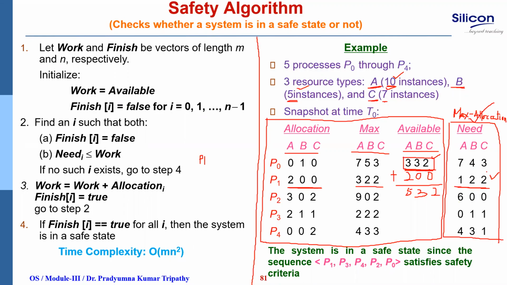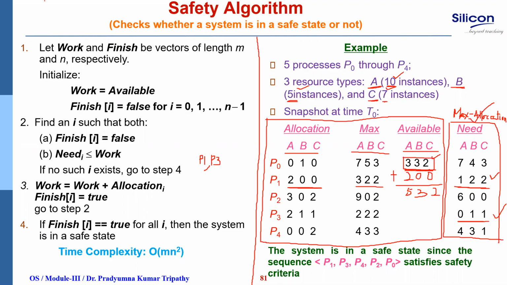No, I cannot satisfy P0. Can I satisfy P3? No, the requirement is 6. I have 5, so I cannot satisfy. Can I satisfy 0, 1, 1? Yes, I can satisfy this one. 0, 1, 1, I can satisfy. Right? So I'll select P3, suppose. Suppose I select P3.